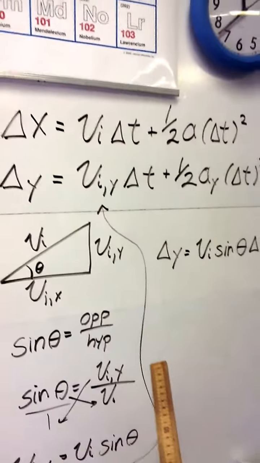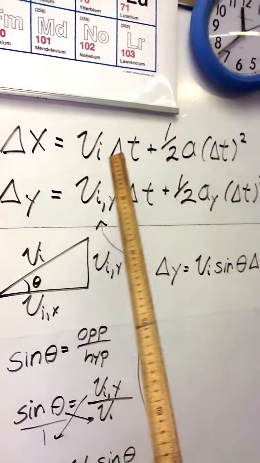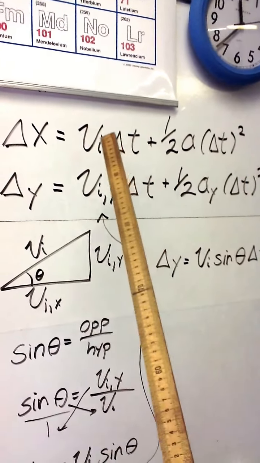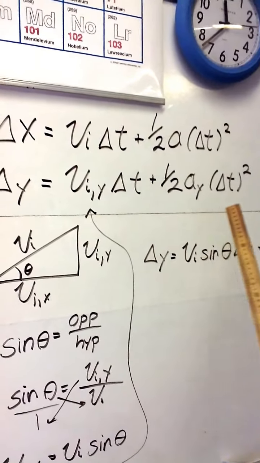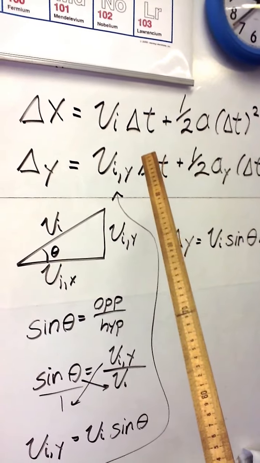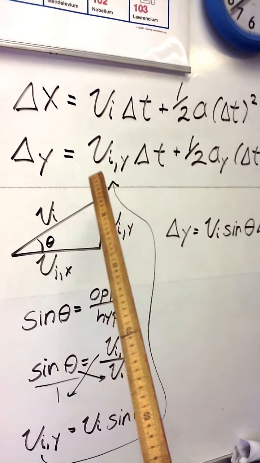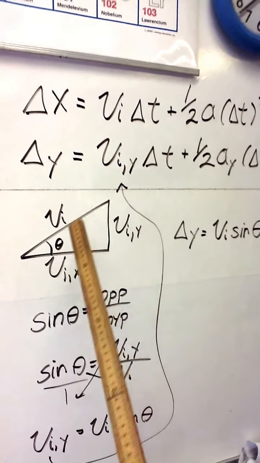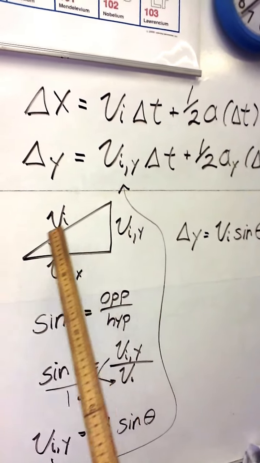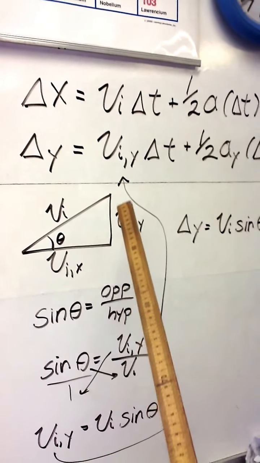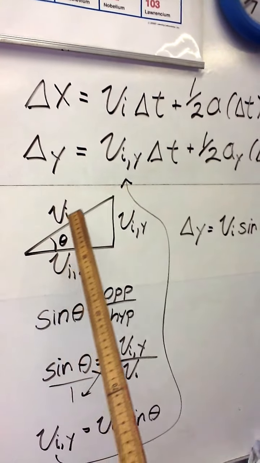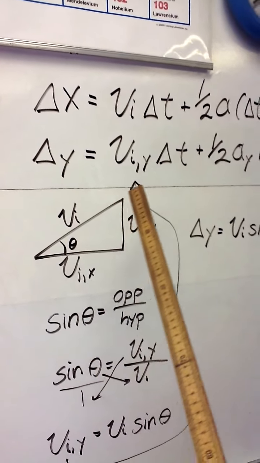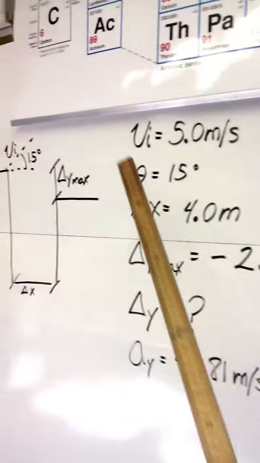Now, since we're trying to solve for our y component here, we start with this kinematic equation right here, and then we change our variables to the y. Nothing new. You've seen this before. Now, since this is angular, we can solve for our initial speed in the y by looking at this triangle setup, where you've got your y, x, and then just your resultant vector, the overall speed from the problem.